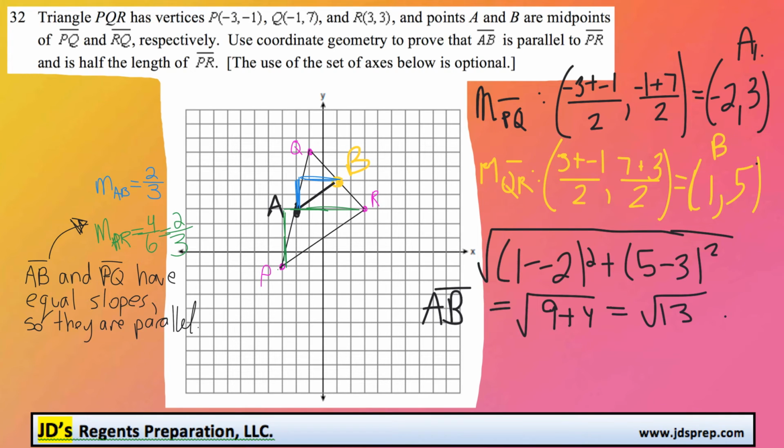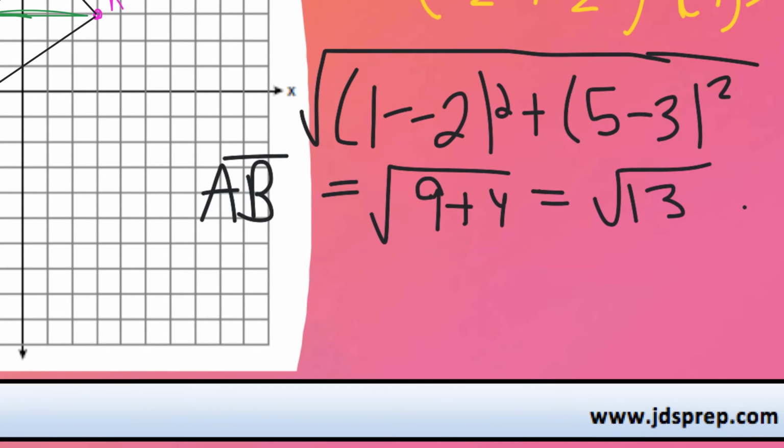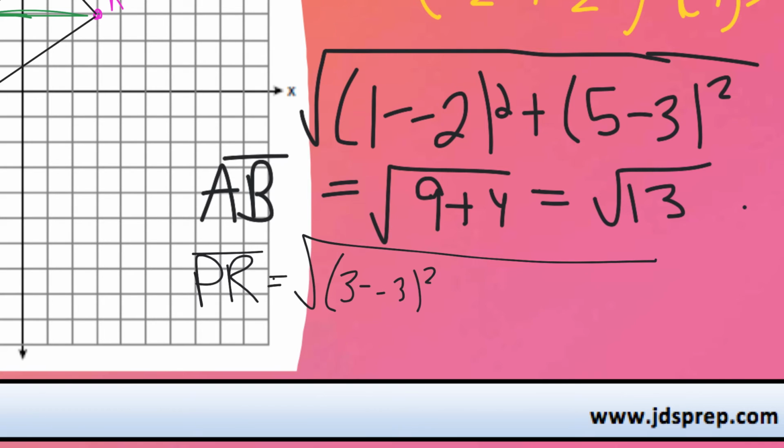Kind of running out of space, so I'm just going to zoom in here. Okay, so now we're going to find the distance of PR. For that, we'll take the square root of 3 minus -3 squared plus 3 minus -1 squared.